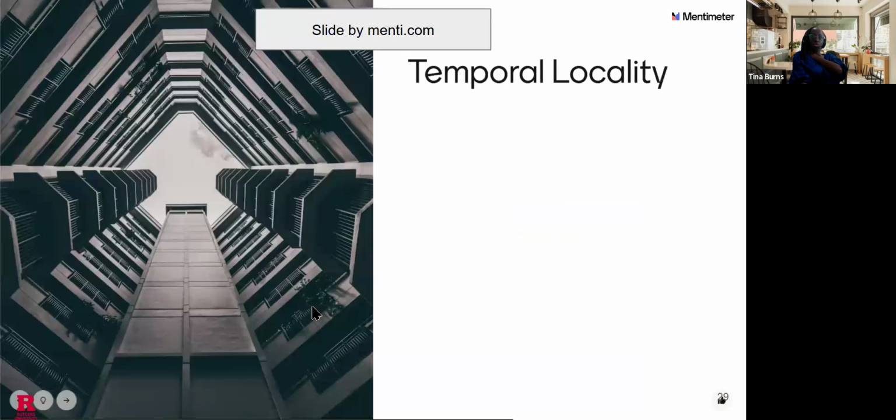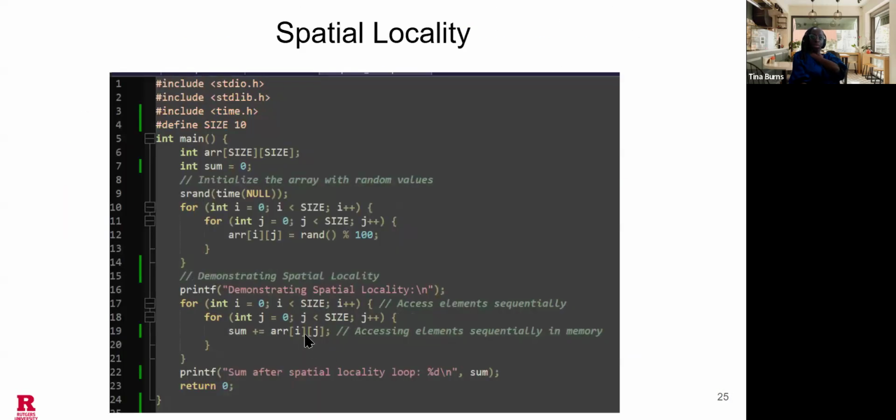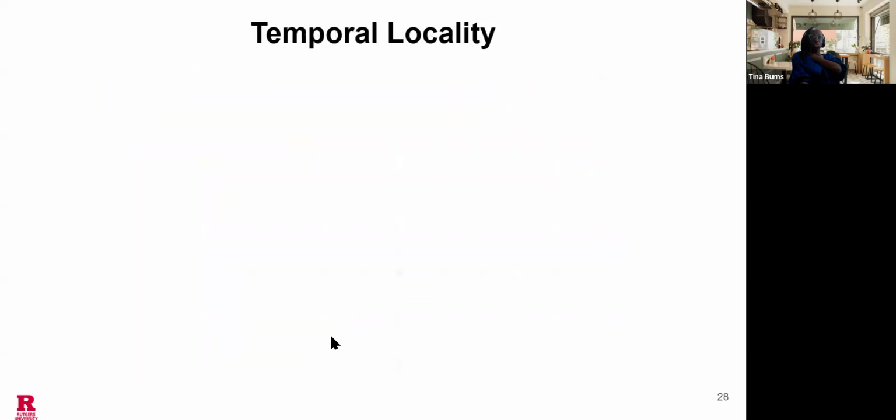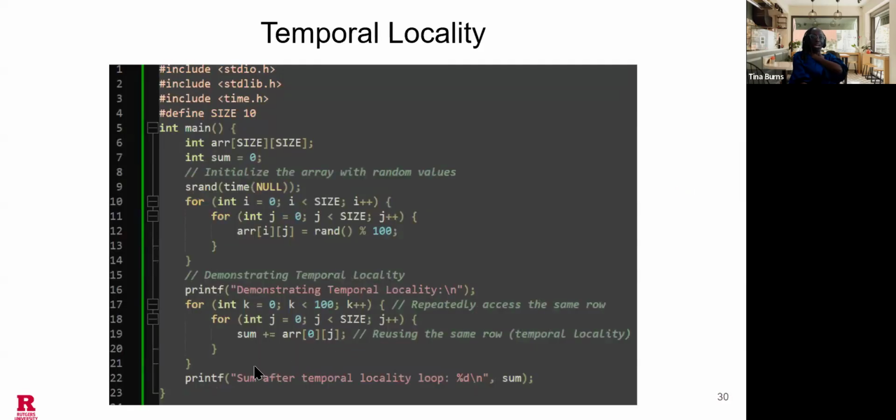If we look back at the other example, I was accessing array elements that were right next to each other. But now I set this to 0. So that means I'm not accessing every adjacent row element. Rather, what I'm doing here is accessing certain elements repeatedly over and over within this loop.